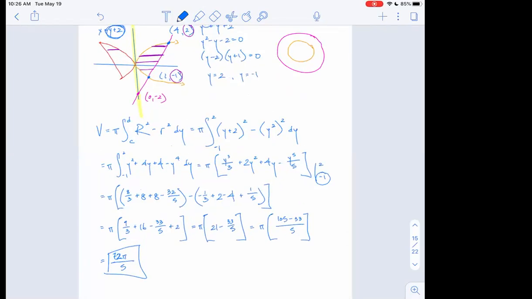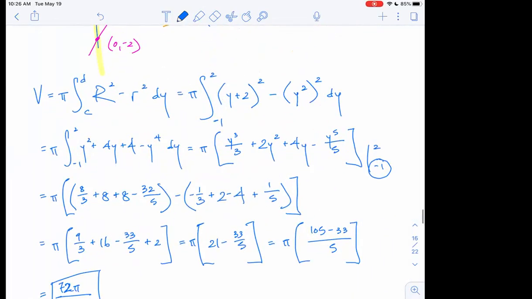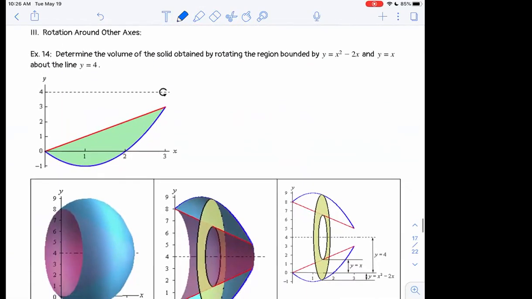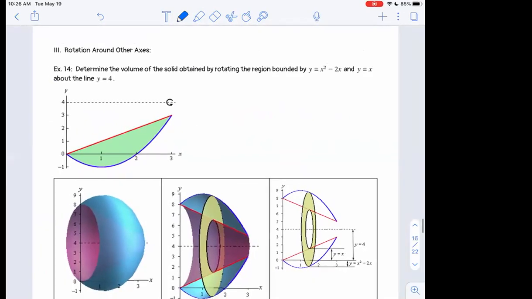Just so you're aware, everything that we've done so far has had an axis of revolution that was either the x-axis or the y-axis. It is entirely possible and actually quite common for you to encounter situations like this where the axis of revolution is not the x-axis or the y-axis.